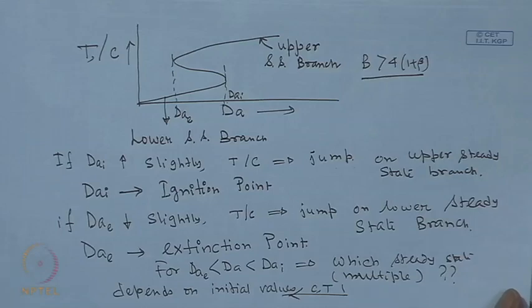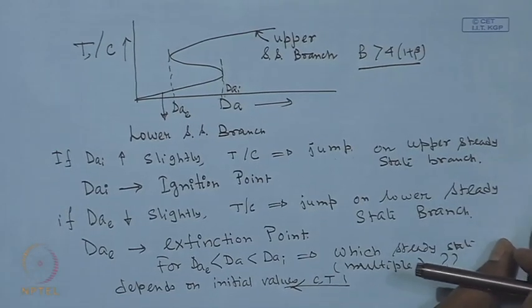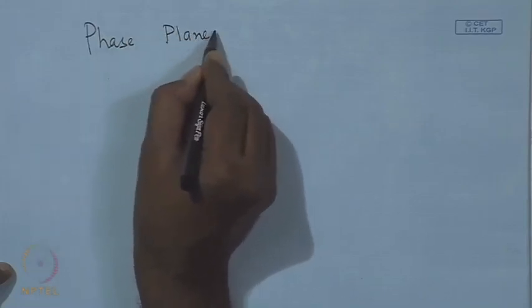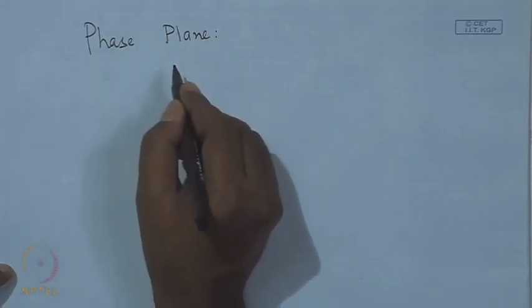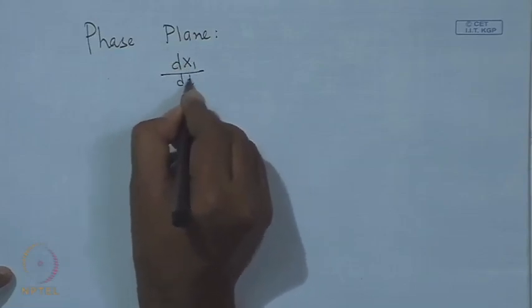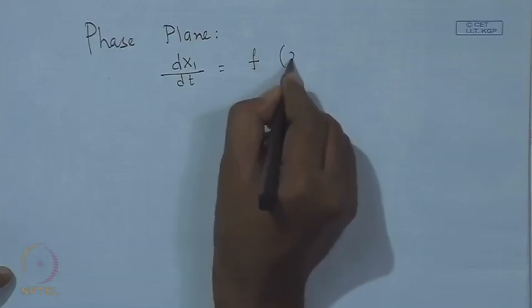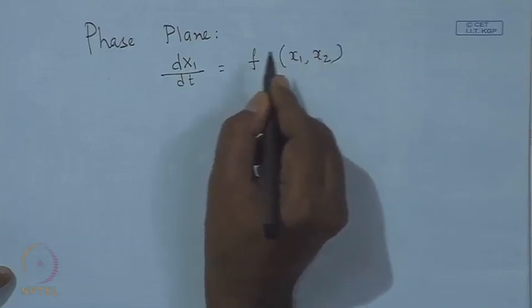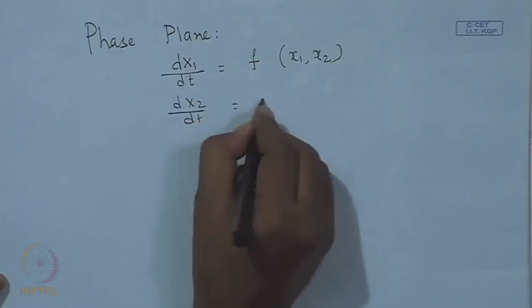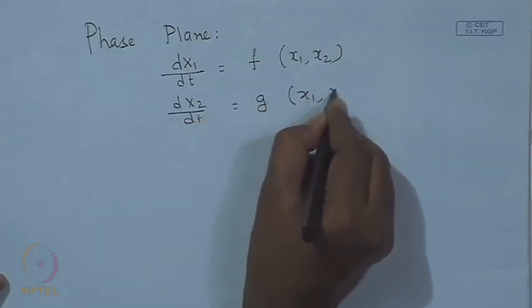Now, all these phenomena can be properly explained if we talk about a phase plane plot. So, let us look into the phase plane plot. First, let us define what a phase plane is. Suppose any system is defined by two ordinary differential equations, dx1/dt is a function f of x1 and x2, where x1 and x2 are the state variables, and dx2/dt is equal to g of x1 and x2.